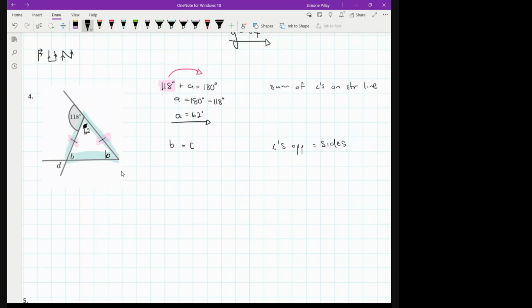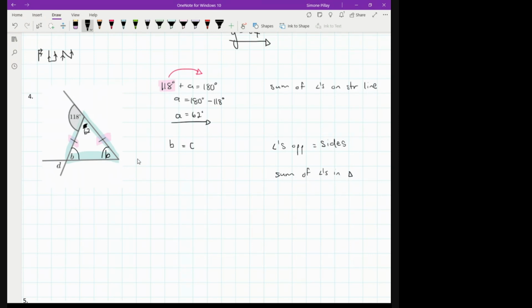Do you think we can use sum of angles in a triangle? No, ma'am, because we haven't figured out another. That's right, but both of my missing angles have the same variable. When both missing angles have the same variable, then I can use sum of angles in a triangle.